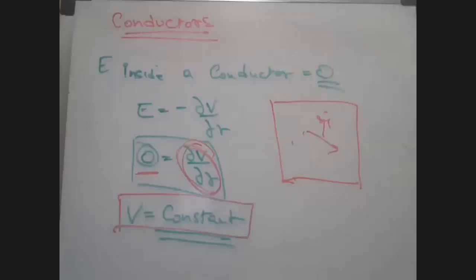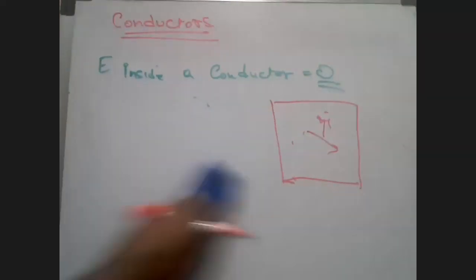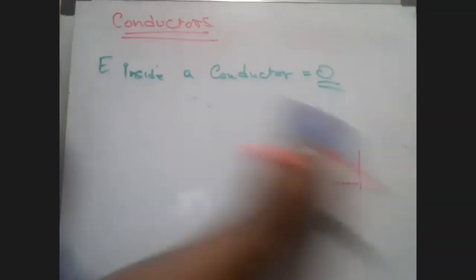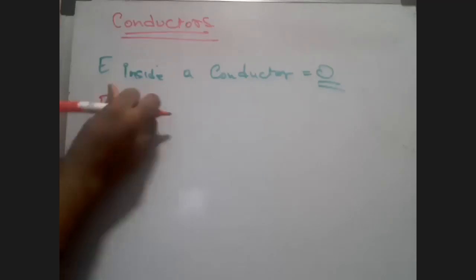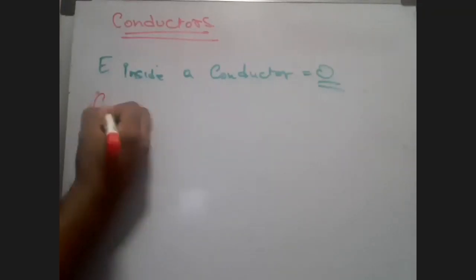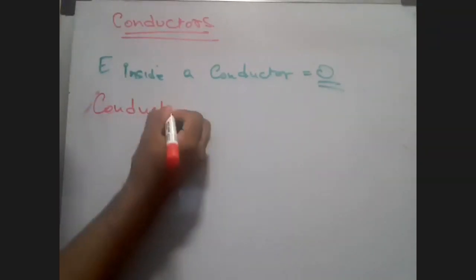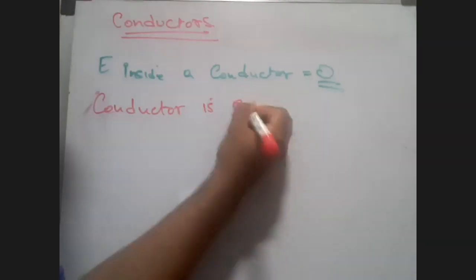So the second thing we learned is that a conductor is an equipotential surface.